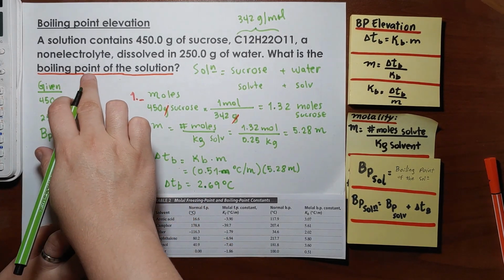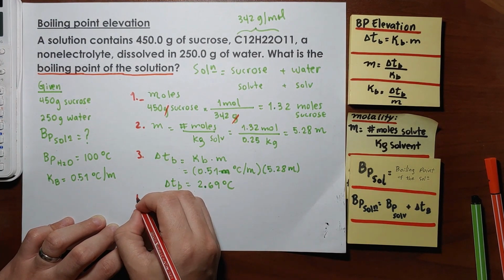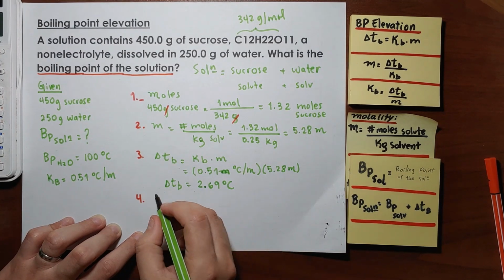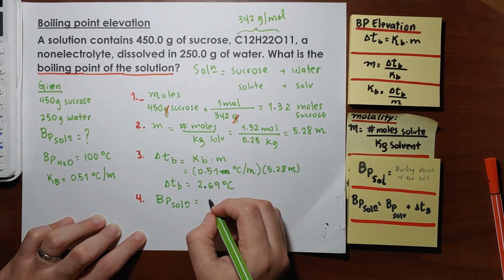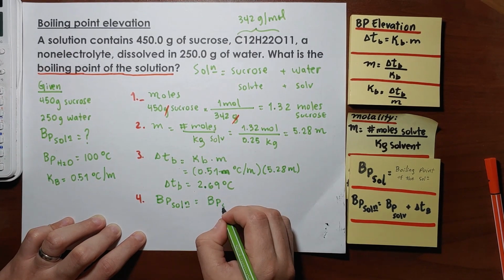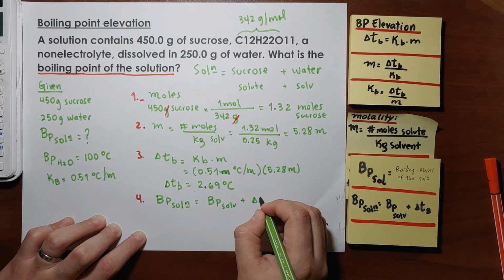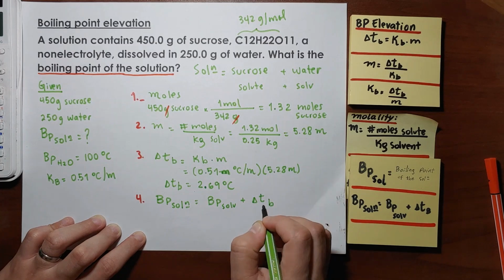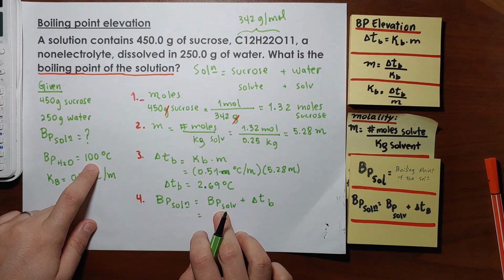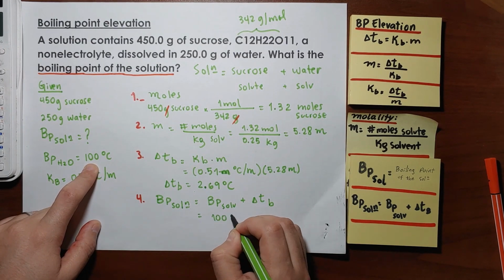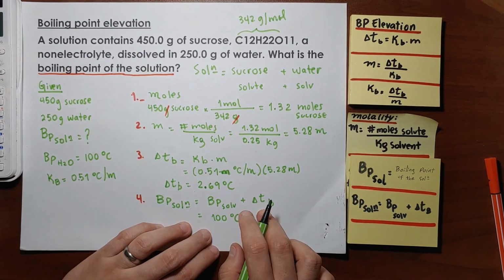It's asking me to find the boiling point of the solution, so that will be my last step. My fourth step will be: boiling point of the solution equals boiling point of the solvent plus the boiling point elevation. My solvent, which is water, has 100 Celsius as a boiling point, plus the elevation.